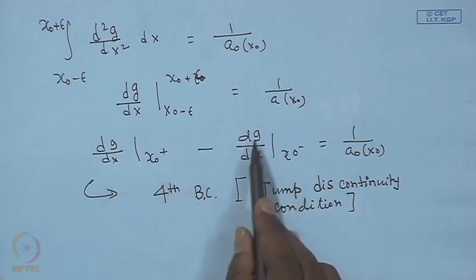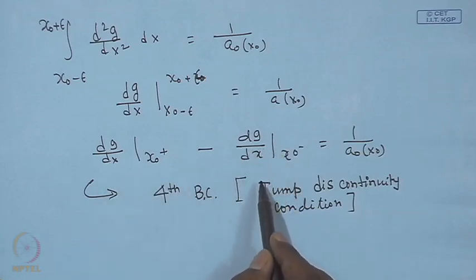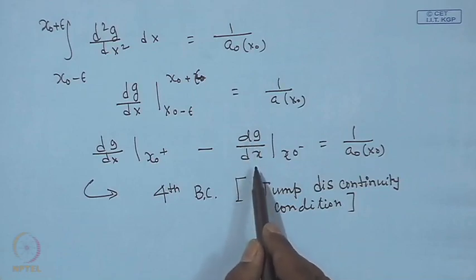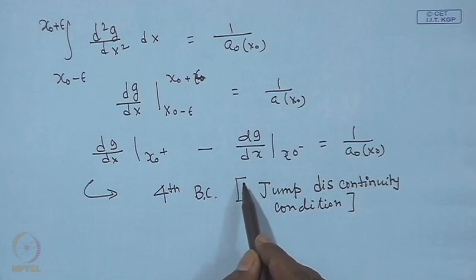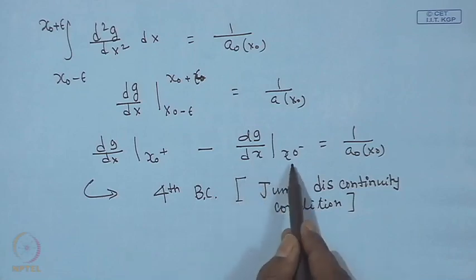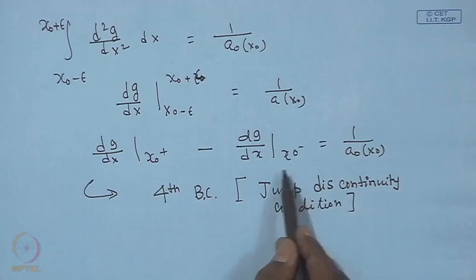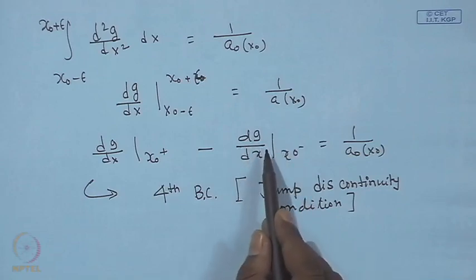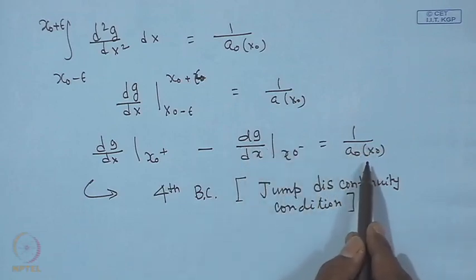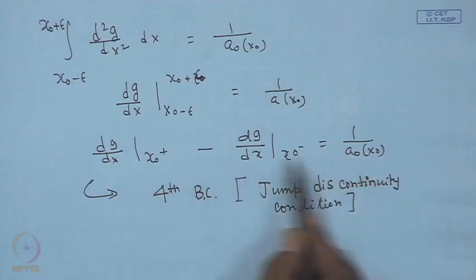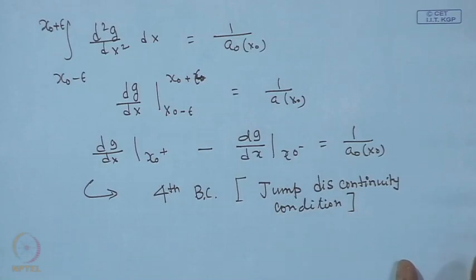On the other hand, this simply means we take the x derivative of the lower half solution, evaluate it at x naught minus epsilon, then let epsilon tend to 0. We will be computing this term and that will be equal to 1 over a0 x naught. So, this will be giving you one more equation in order to solve for the fourth boundary condition.